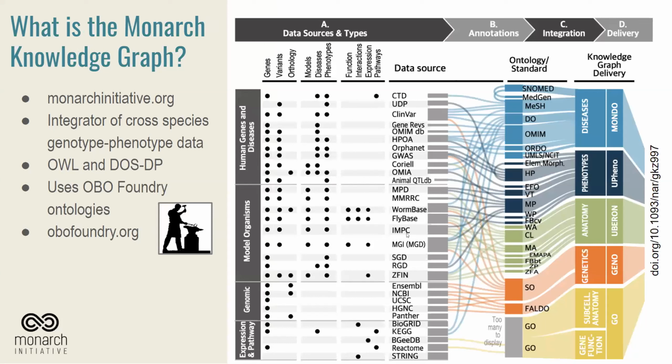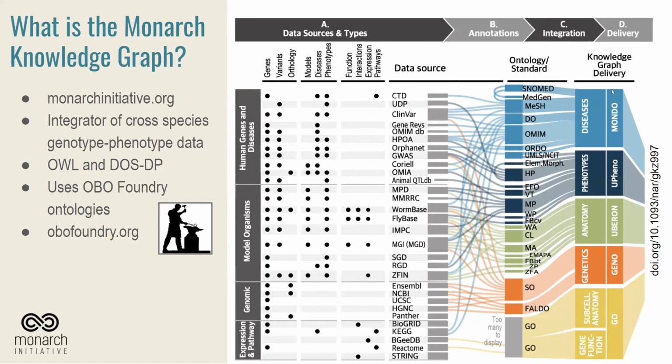This graphic shows the contents of the Monarch knowledge graph. You can see that it is built of several different data sources that contain lots of different types of data. And each of these data sources is mapped to an ontology or a standard.